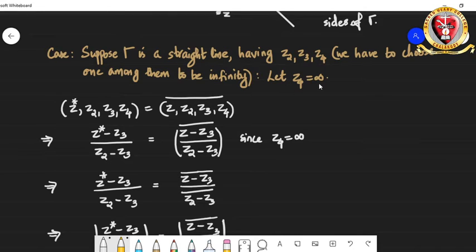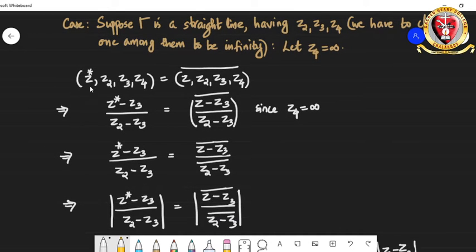So when we defined cross ratios, we said that if Z4 is infinity, the cross ratio has a different definition which is analogous to the main definition. If we have the cross ratio Z1, Z2, Z3, Z4, and Z4 is infinity, the cross ratio is equal to Z1 minus Z3 divided by Z2 minus Z3. So we are using that here.